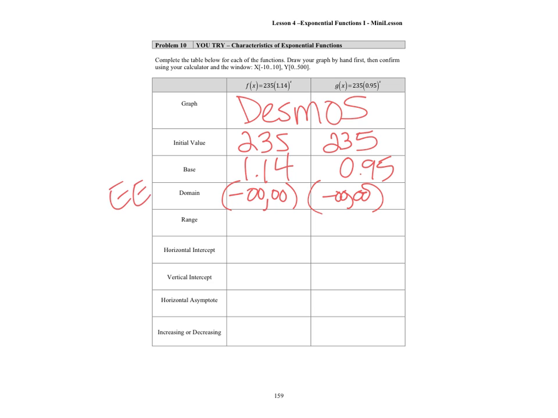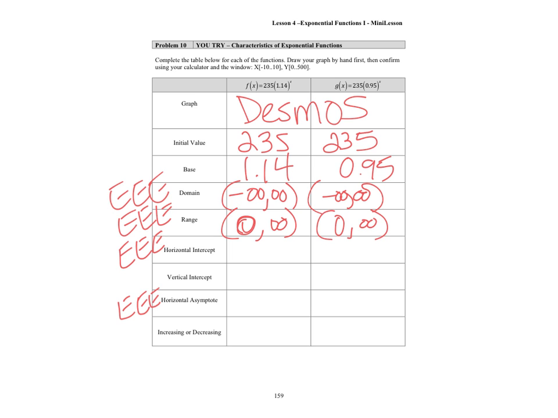Remember, domain is true for every exponential function ever. So is range. So is the horizontal intercept. So is the horizontal asymptote. So we'll have the same things that we had on the last one on this one. 0 to infinity. 0 to infinity. Does not exist. It will never cross the horizontal axis. Vertical intercept does exist.